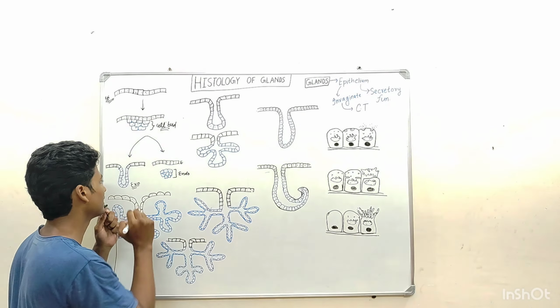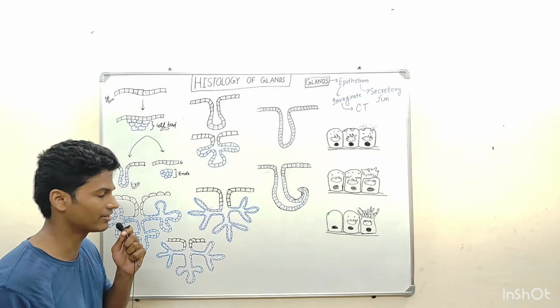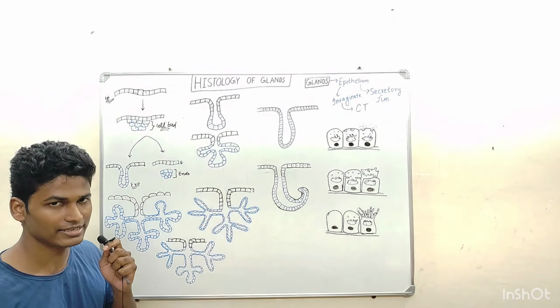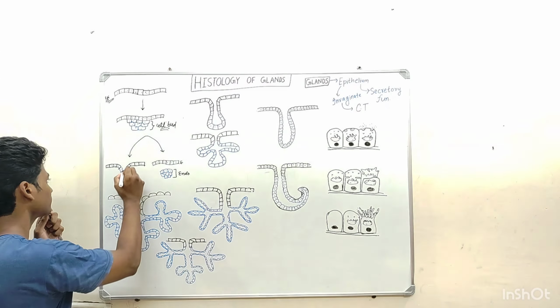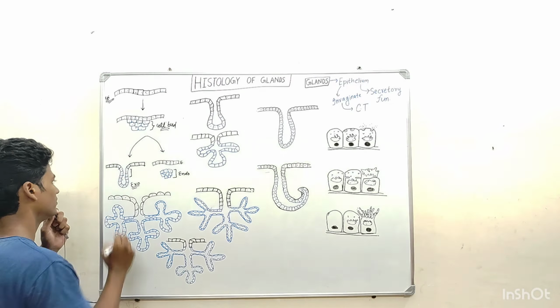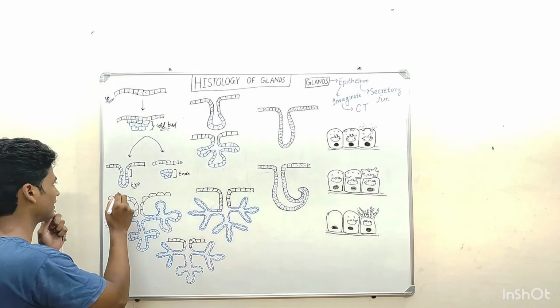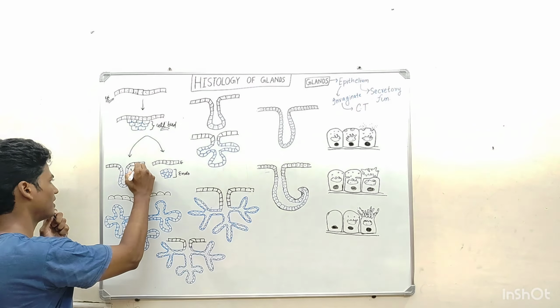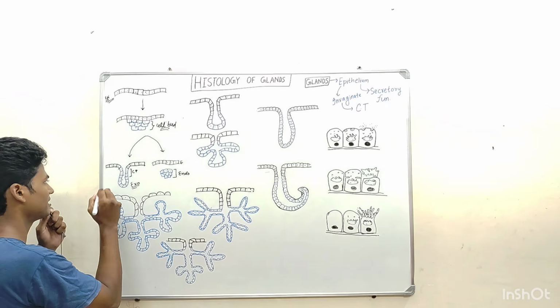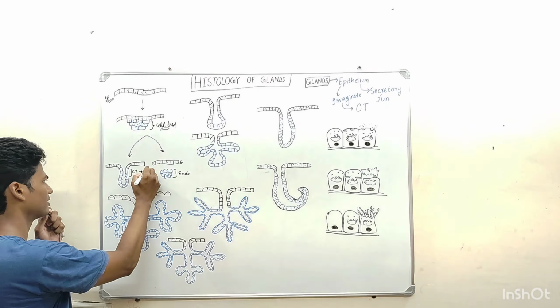What is the difference between the endocrine gland and the exocrine gland? The difference is the duct. Look, in an exocrine gland there is a conducting part, and that conducting part is called a duct.